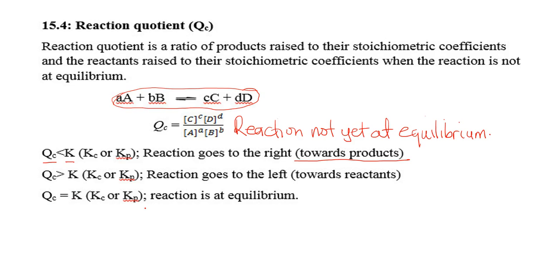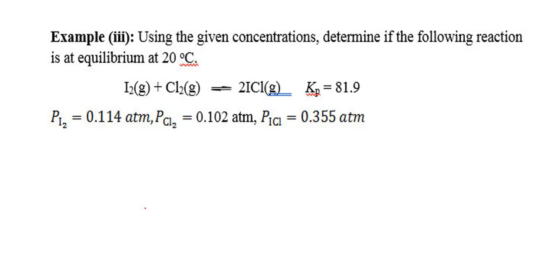So let's see how we can use that information. Now, in your handout, we'll have this as example 3. Make sure that you check this example in your handout and check this video. Using the given concentrations, determine if the following reaction is at equilibrium at 20 degrees Celsius. So you will see that all the time there will be a temperature there.